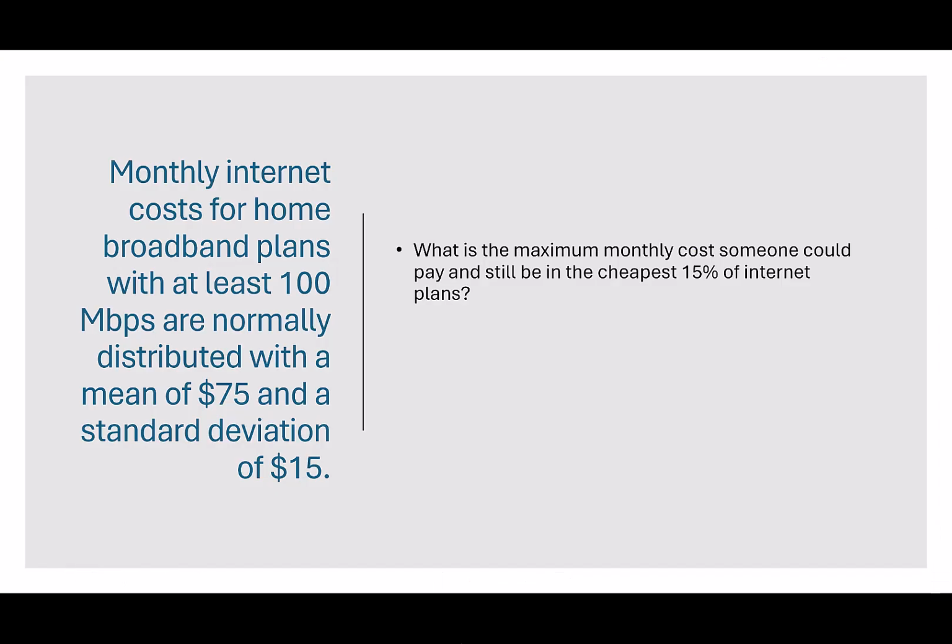Let's find the maximum monthly cost someone can pay and still be in the cheapest 15% of the internet plans. This means we're finding the 15th percentile of the distribution. So instead of finding a probability for an x, we're looking at a given probability and we want to know the value of x.